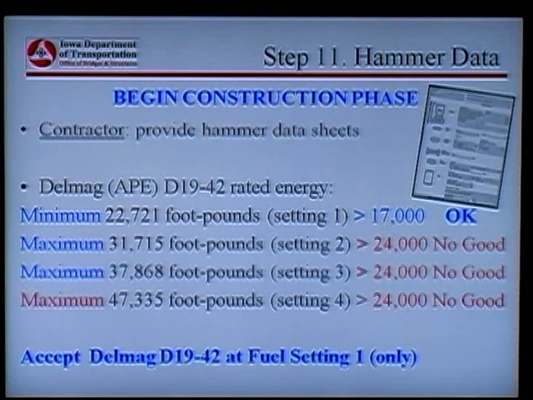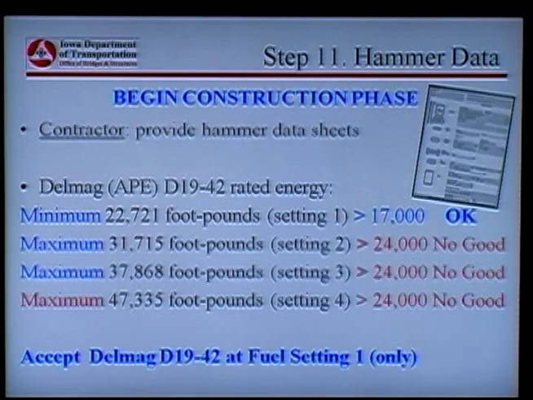So you check that it exceeds the minimum requirement of 17,000 pound-feet and does not exceed the maximum energy of 24,000 pound-feet. So let's look at this. The Delmag D19-42, setting number 1, has an energy of 22,721 foot-pounds, which is greater than 17,000 and smaller than 24,000.